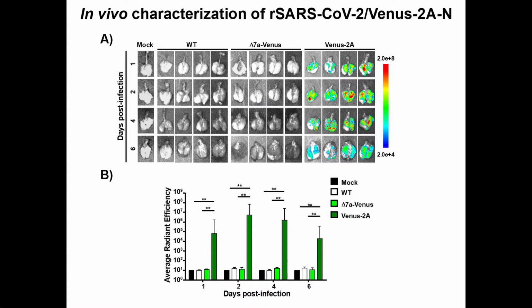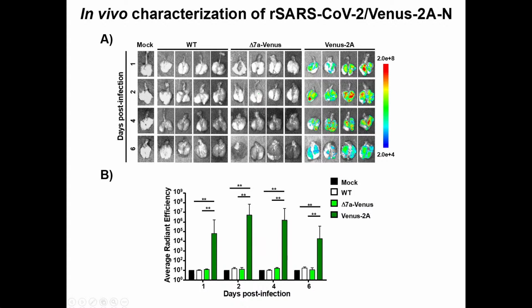These in vitro studies were very encouraging, so we evaluated whether that was also the case when we infect transgenic K18 mice. We infected the K18 transgenic hACE2 mice with the wild-type virus or the two viruses that express Venus, either from the open reading frame 7A or from the NP locus, and assessed fluorescent expression in the lungs of infected mice at days 1, 2, 4, and 6 post-infection.